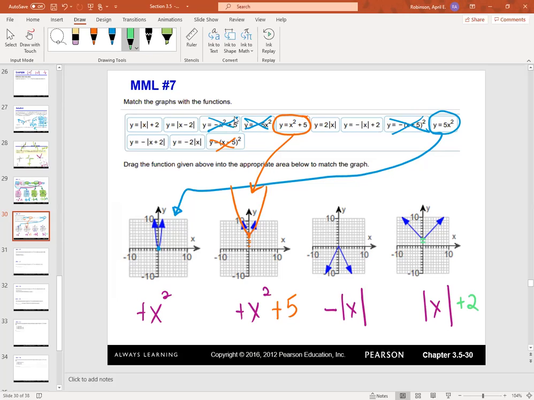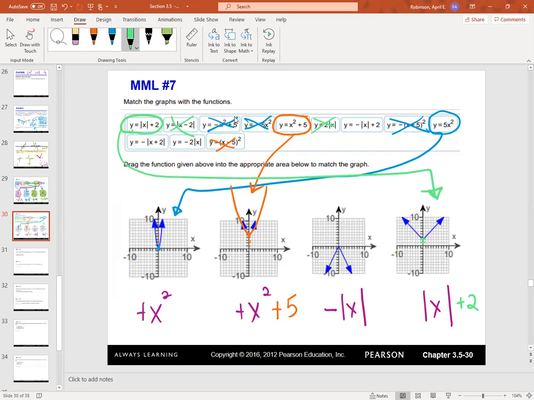It just went straight up by 2. So that one is this guy. This one goes right here. All right. And the last one has a negative on it. So anybody else with a positive, he's out, positive's out.